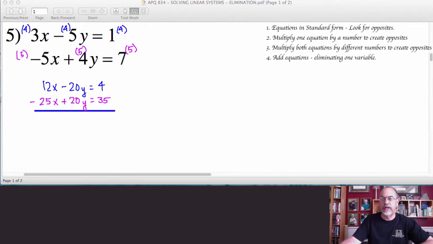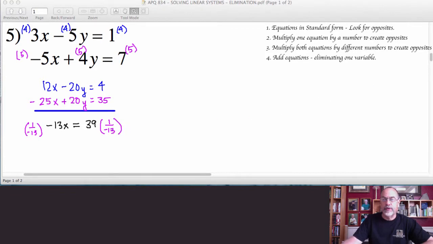So we can go ahead then and add these equations together. So negative 25 and 12 is a negative 13. 20 and negative 20 is 0, so that variable is eliminated. And 35 and 4 is a 39. We then are going to divide by negative 13, which means I'm going to multiply by that reciprocal, which is 1 over negative 13.